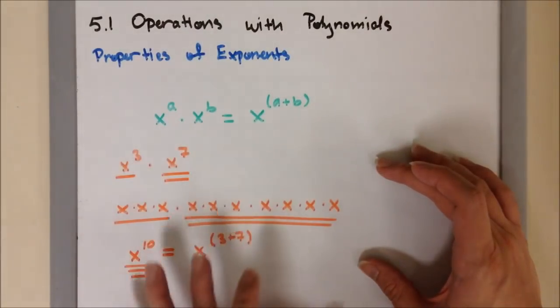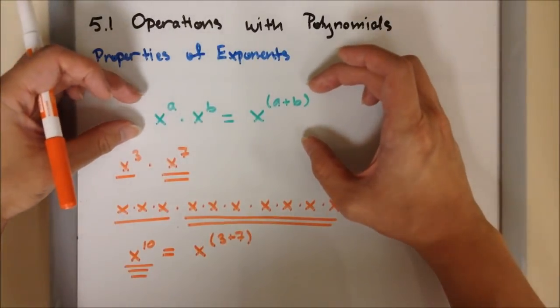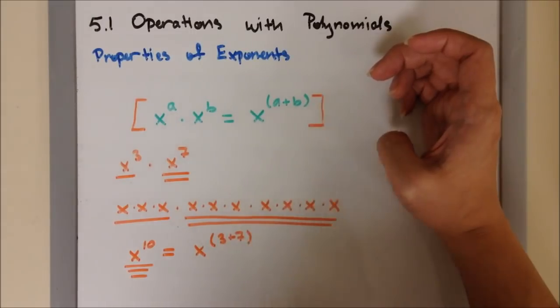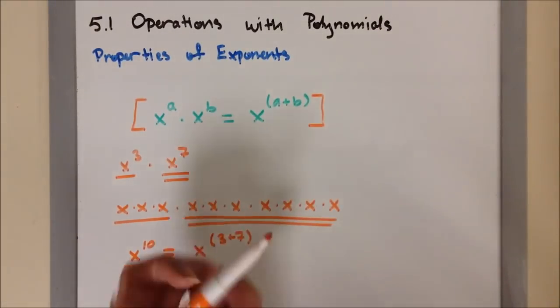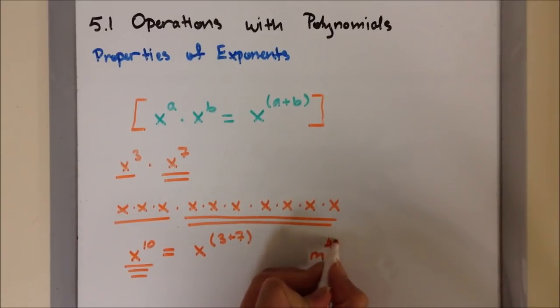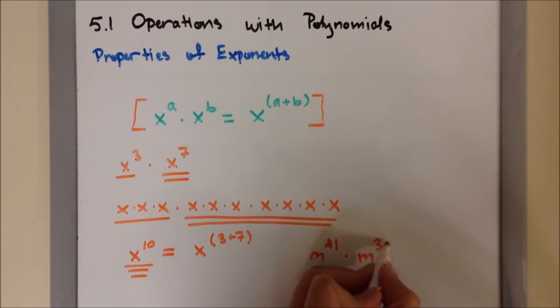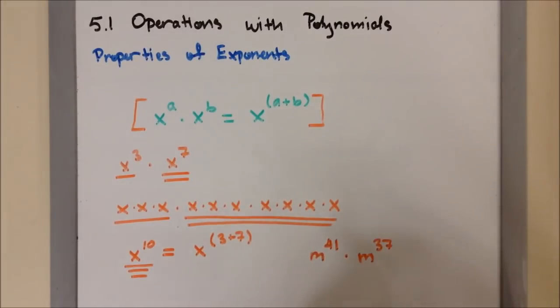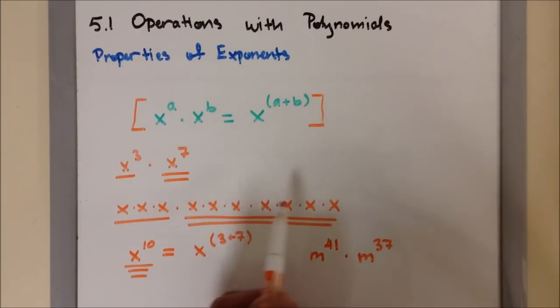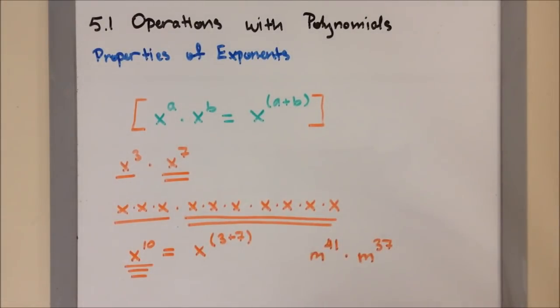Now, this is basically what the process is, but following this law of exponent or property is a shortcut. And here's why. If you were to work with, say, m to the 41st power times m to the 37th power, that would take a lot of writing, a lot of time, if you were to write out the m's 41 times, and then another set of m's 37 times, just to count how many m's there are.